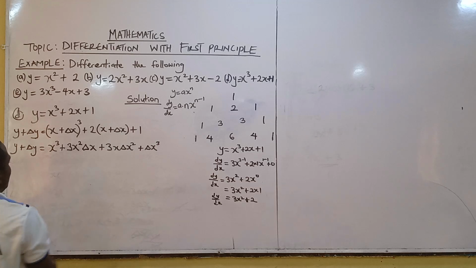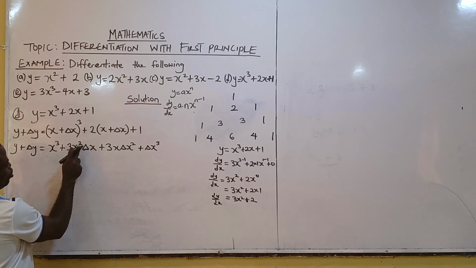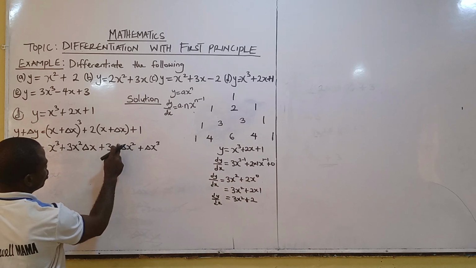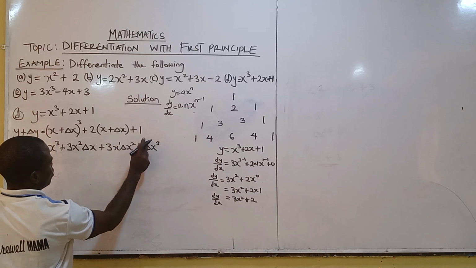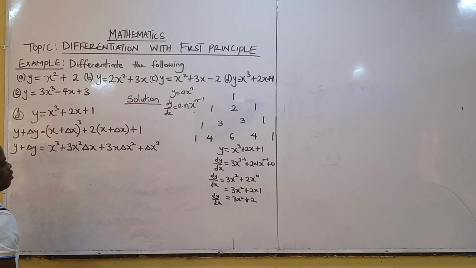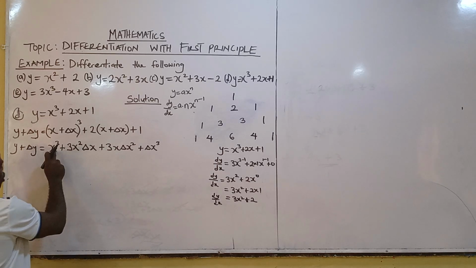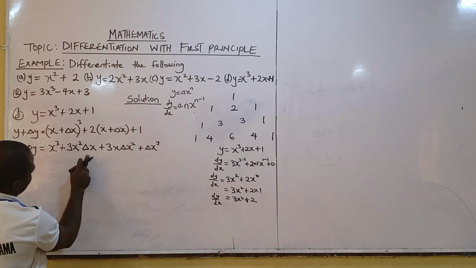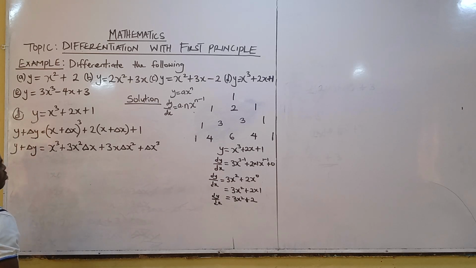See that as x is decreasing, dx is increasing. It's like 3, 2, 1, 0. You don't need to put the 0, it just disappears. The x is not showing anymore, as the power goes down, dx comes in, dx squared, dx raised to power 3.